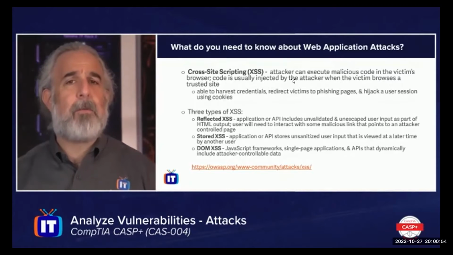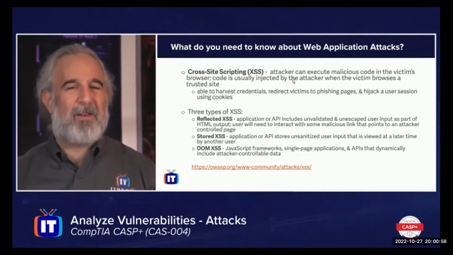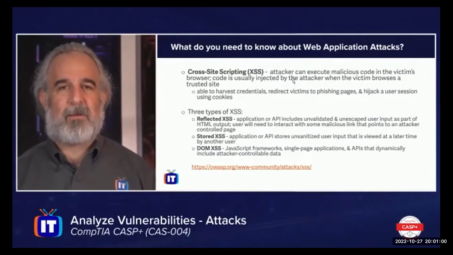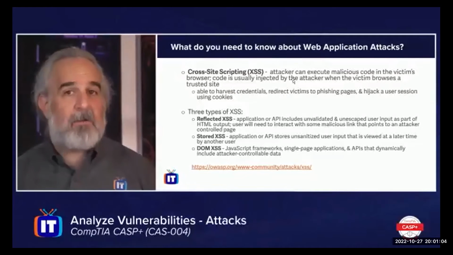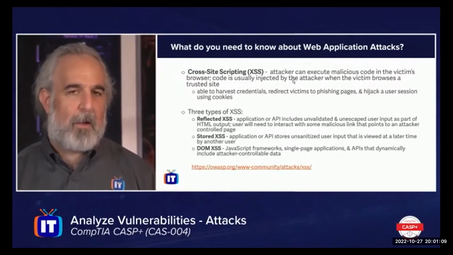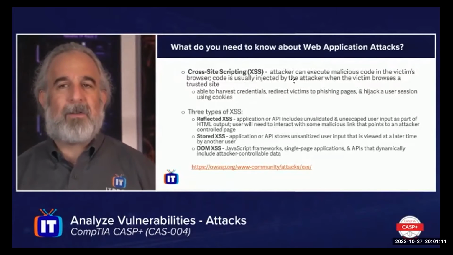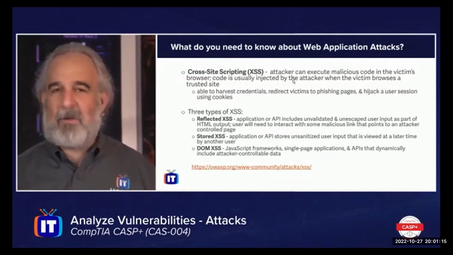I would spend a moment, if I was you, understanding the subtle but important flavoring differences of the types of XSS. Reflected really deals with the way in which applications or APIs that are going to be using and accepting input, and we've been talking about this for some time now, when they're accepting user input that is not validated in any way. Hey, we talk to strangers.